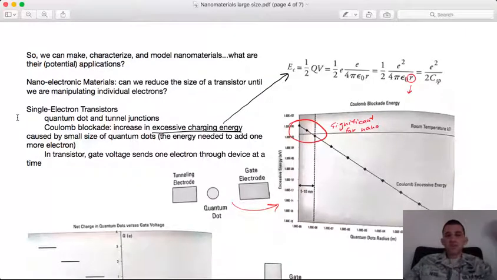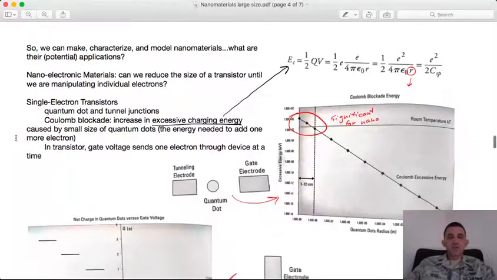So in an electronic material, the quantum of electricity would be a single electron. And so you get into talking about single electron transistors based on quantum dots or tunnel junctions.